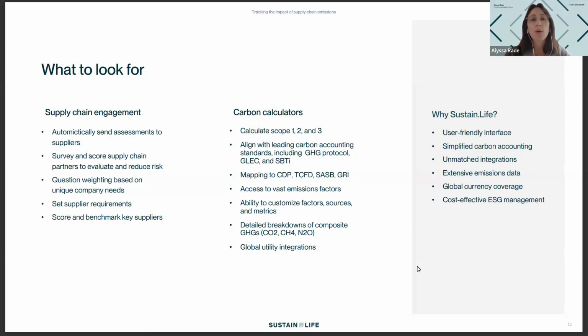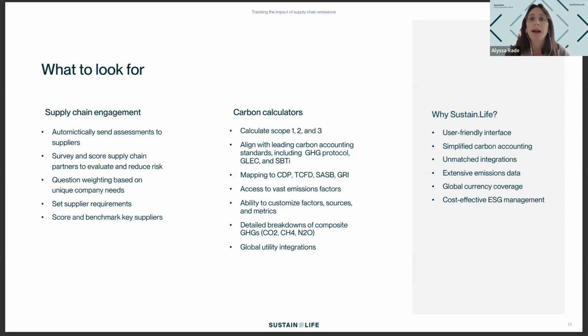And I'll say, for the more mature companies on the line, and this is something that we are helping our users with as well, if you need something like the breakout of constituent greenhouse gases as part of your CO2e figure, if you need the breakout of your actual methane or your nitrous oxide, which is, for the record, a requirement of the SEC rule, make sure that your platform can do that.